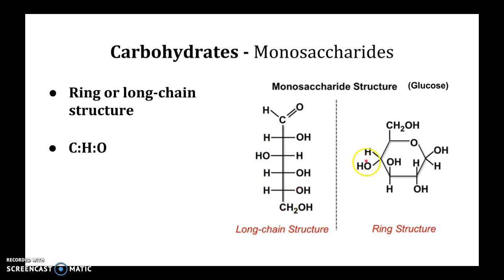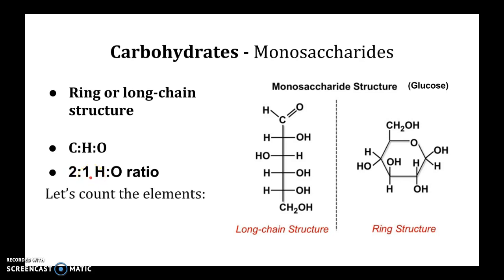We have hydrogen, oxygen, and carbon in different forms, varying amounts. There is one rule, though, that the hydrogen to oxygen ratio must be 2:1. So let's do a little exercise and count the elements.